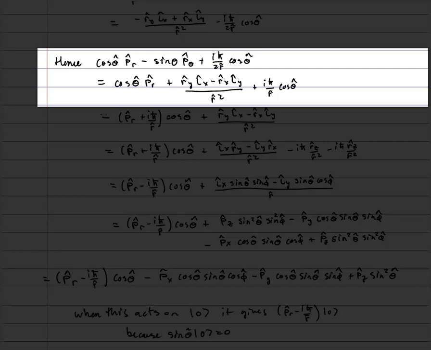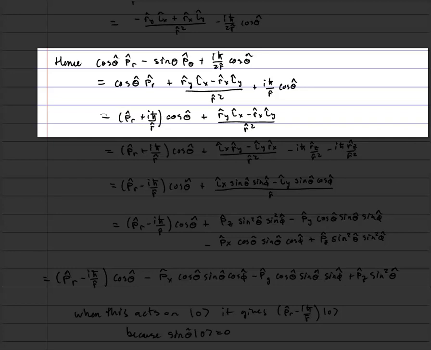Let's move the cosine theta hat to the left. Remember that commutes with the pr hat. Let's bring that I h bar over r hat in with the pr hat. We get that this is equal to pr hat plus I h bar over r hat cosine theta hat plus ry Lx minus rx Ly over r hat squared.